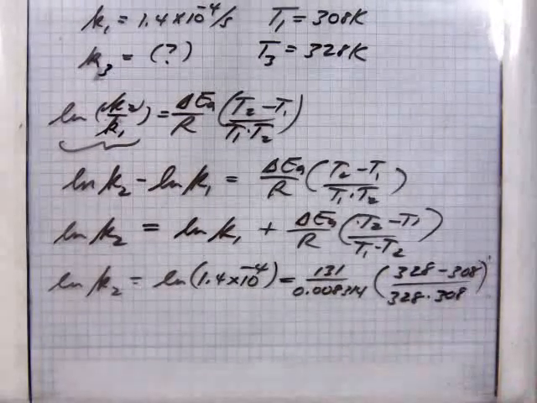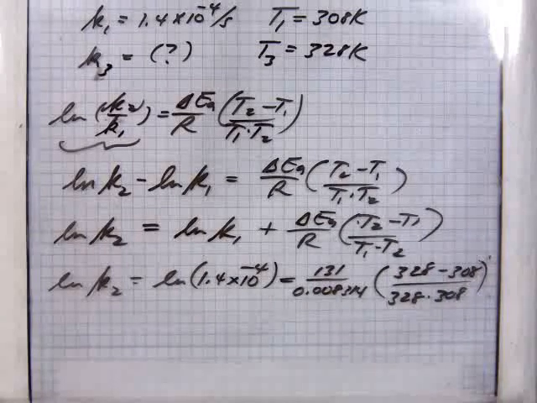So it's plug and chug. So let's do that one. 328 minus 308 divided by 328, divided by 308, times 131, divided by 0.008314.